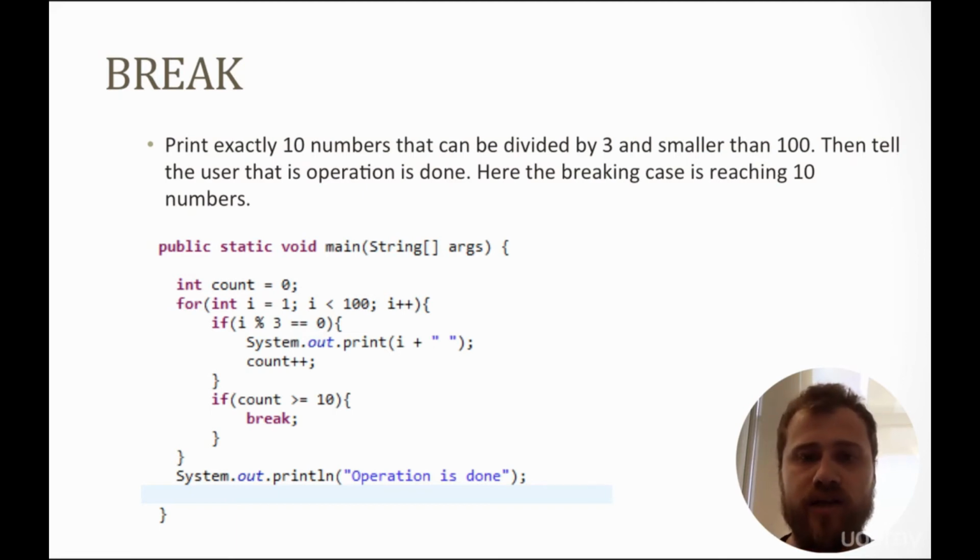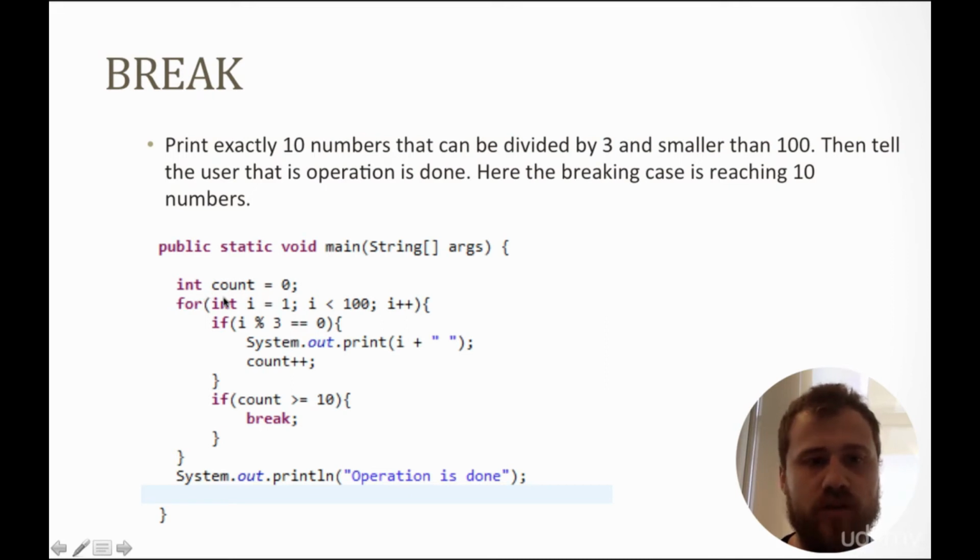And the breaking case, the other condition, is reaching 10 numbers. So while iterating over the for loop, dynamically, when we reach 10 numbers, we will break the for loop not to print out any values anymore.